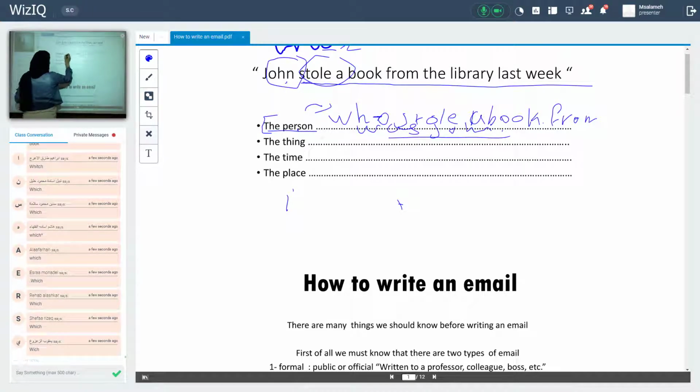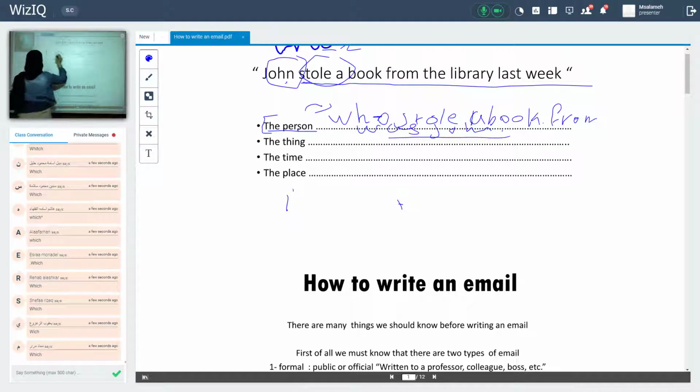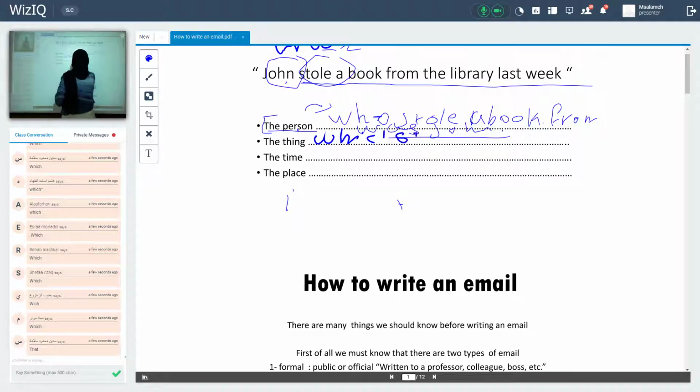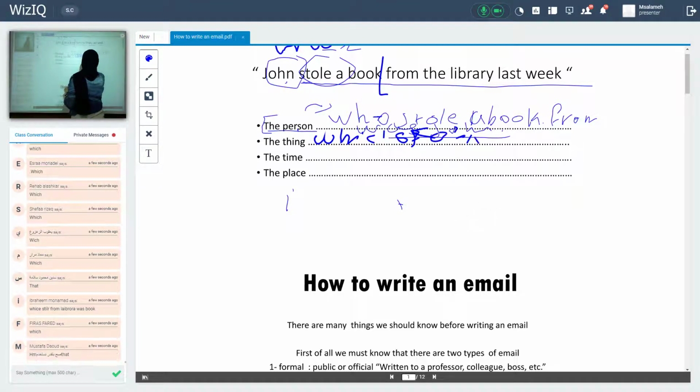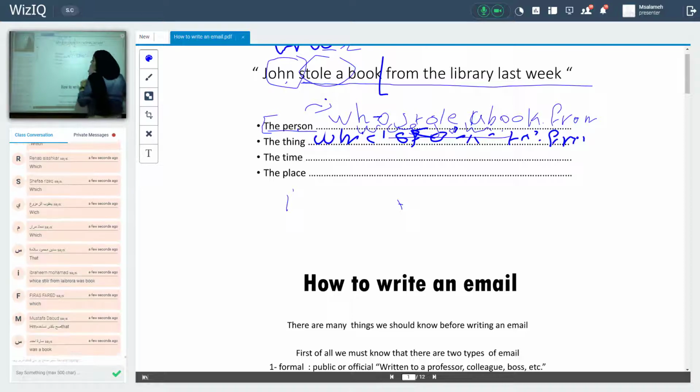The thing which John stole. Remember, you should write the whole sentence without just the emphasizing word. The thing which John stole from the library last week was a book.